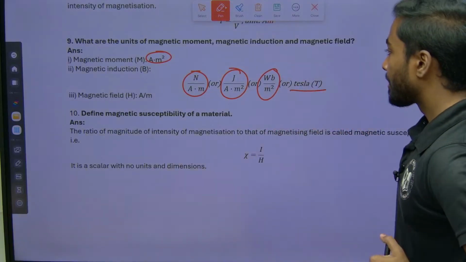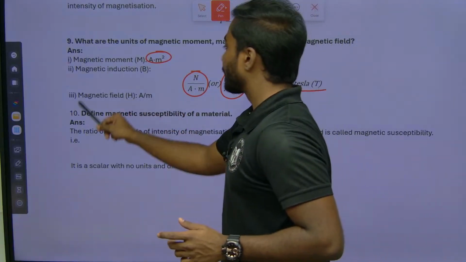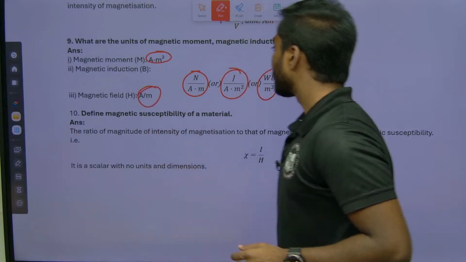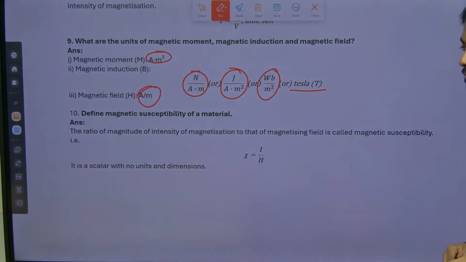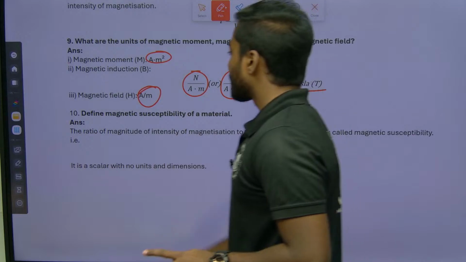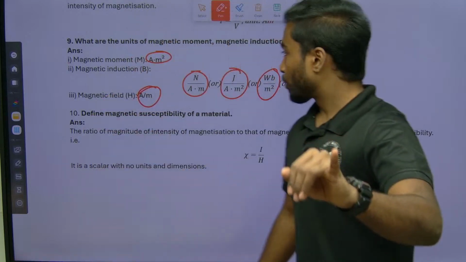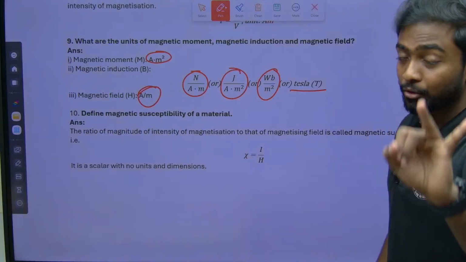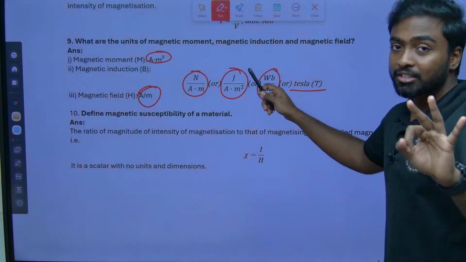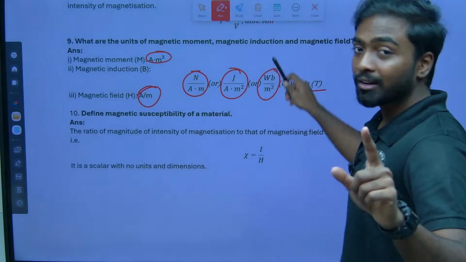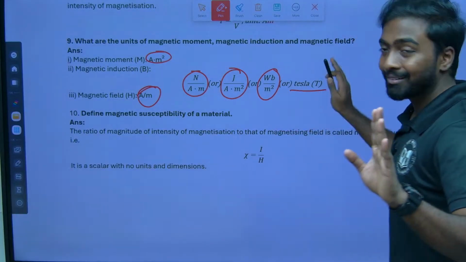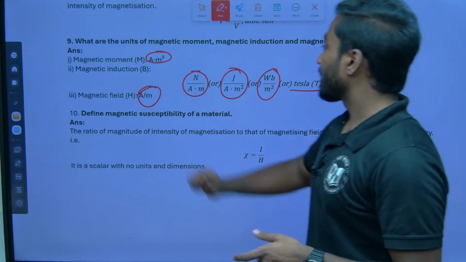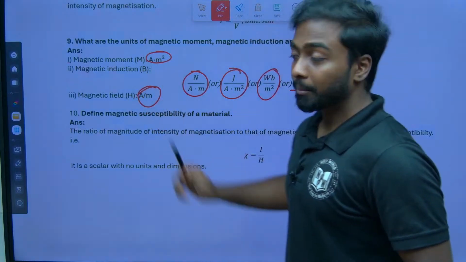And finally the magnetic field is ampere per meter. So three things: magnetic moment, ampere meter square; magnetic induction, Newton per ampere meter, or joules per ampere meter square, or Weber per meter square, or Tesla; then magnetic field, which is ampere per meter.